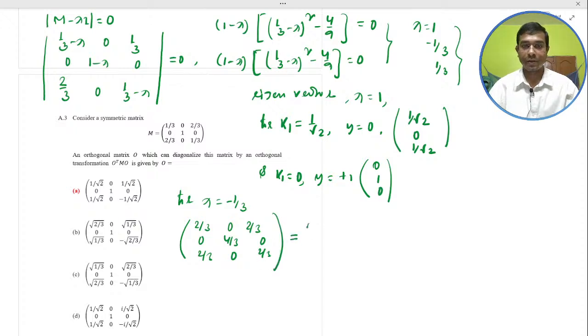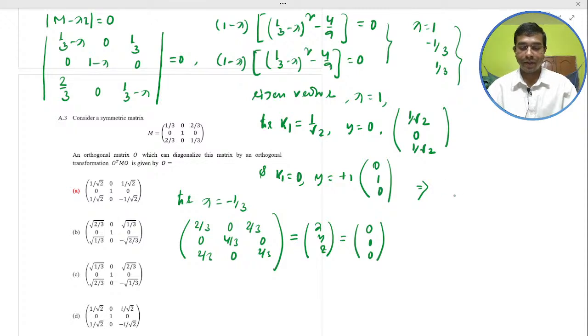This is equal to what? XYZ. This is nothing but 0, 0, 0. That implies that x equal to minus z and y equal to 0.